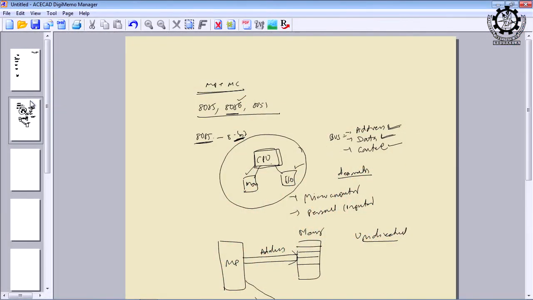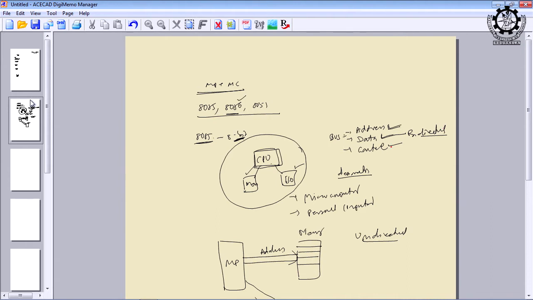That the microprocessor has a control or monitoring capability during any activity in a microcomputer system. It has to monitor, it has to coordinate. It has to watch each and every operation that is taking place inside a microcomputer. Therefore, the data bus is always bidirectional. The data can be transferred in both directions.